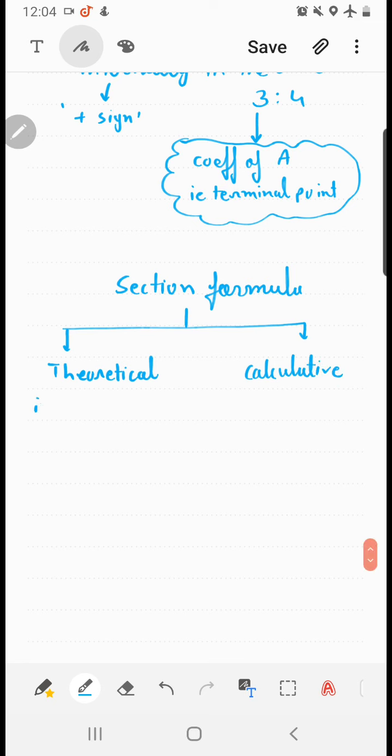In theoretical, we follow golden rules. The first is for point divides segment. When I say that, you follow two steps. Step 1, I write the expression in short form, and step 2 is arrange.